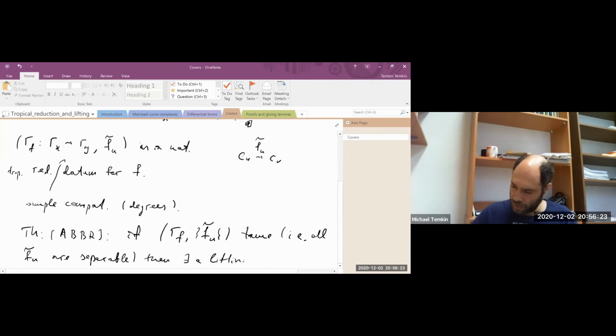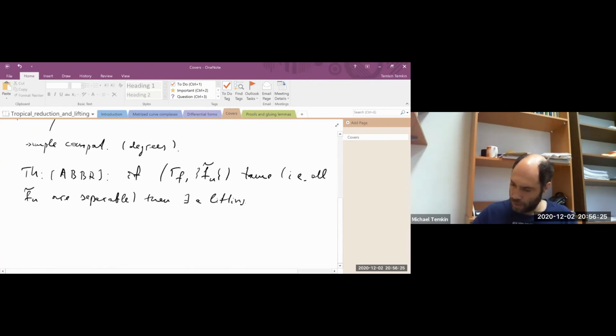Again, if you give such a compatible reduction datum, as I described or outlined, then you can lift. And it breaks down in general.